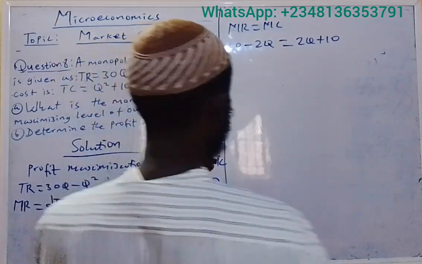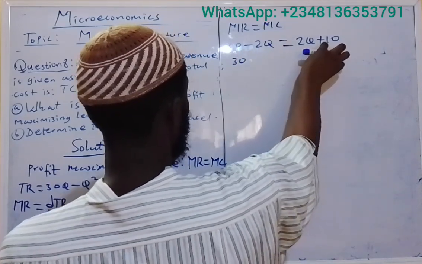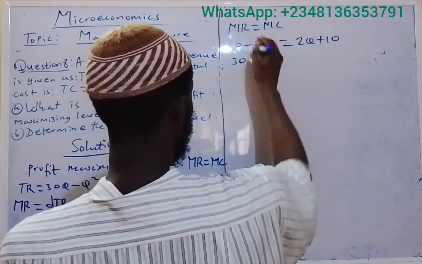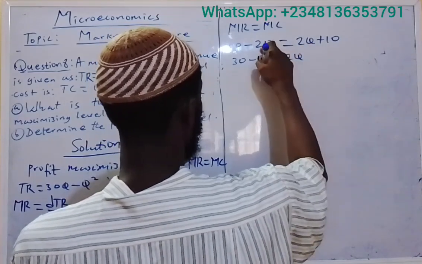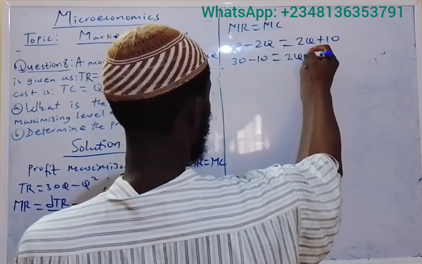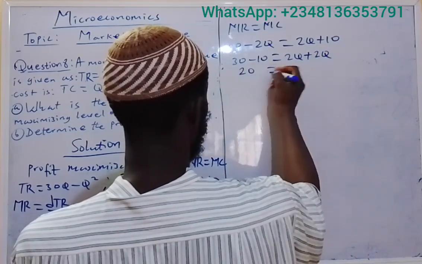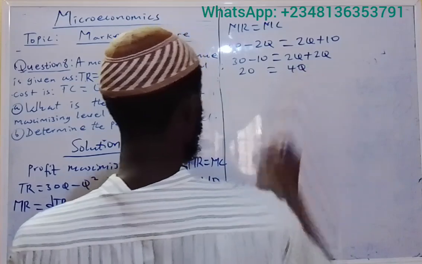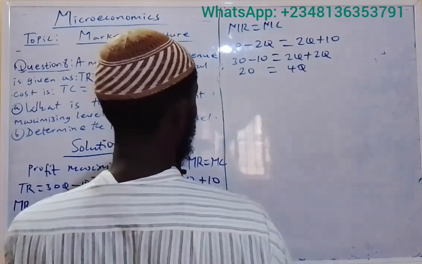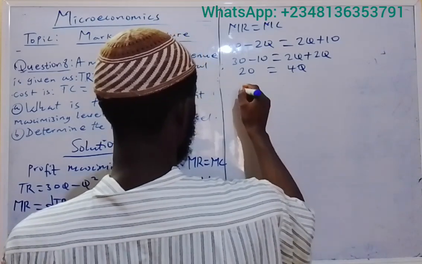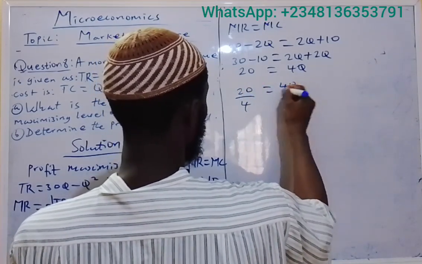The next thing is to collect like terms. So we have 30. We take this plus 10 to this side, and it becomes minus 10. Then we have 2Q. We take this minus 2Q to this side, and it becomes plus 2Q. This is 20 equals 4Q. So the next thing is to divide both sides by the coefficient of Q, which is 4 here. So we have 20 over 4 equals 4Q over 4.